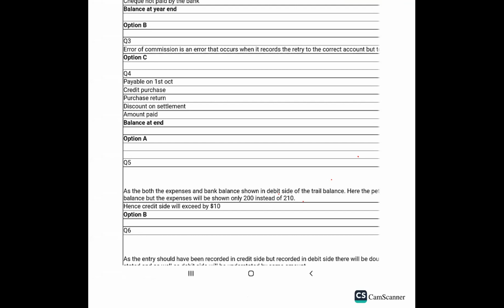So when you look at the expenses, they are shown on the debit side on the trial balance, right?